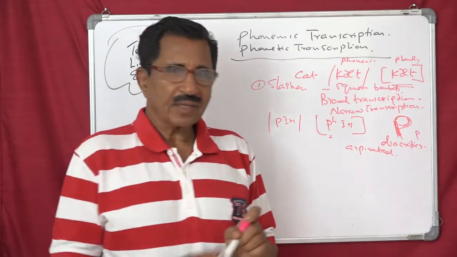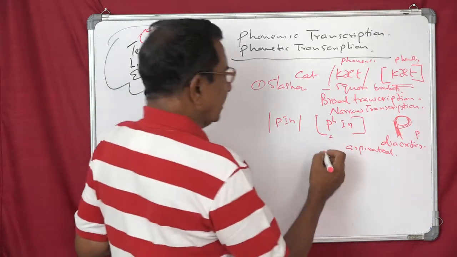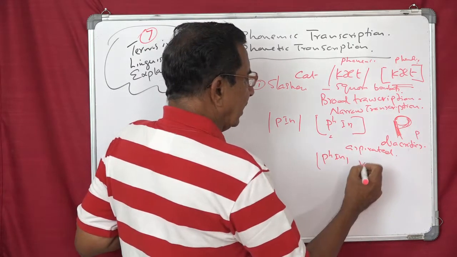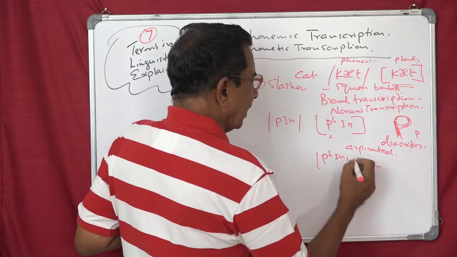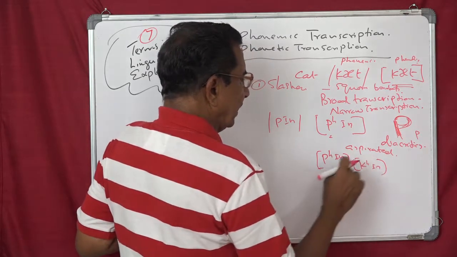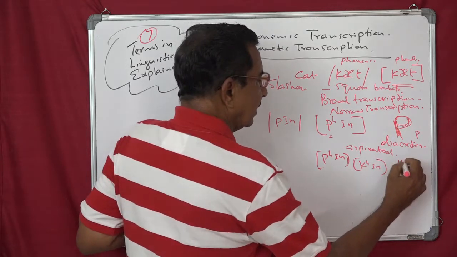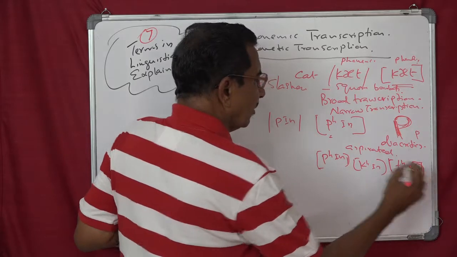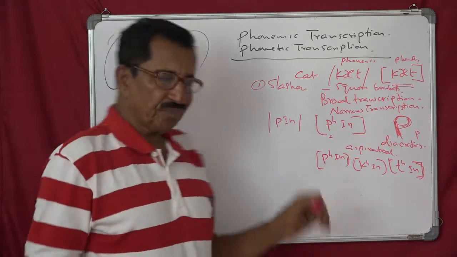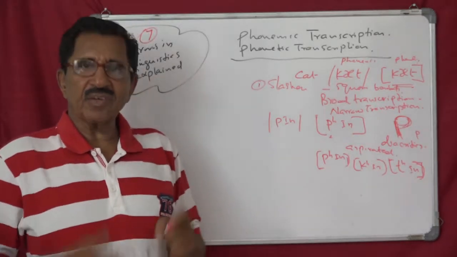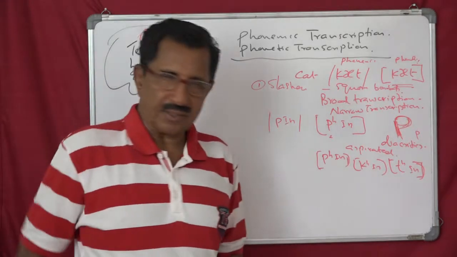We don't say it without the h sound; the pronunciation is pin, then kin, tin. But in English broad transcription or phonemic transcription, we don't show that additional information.